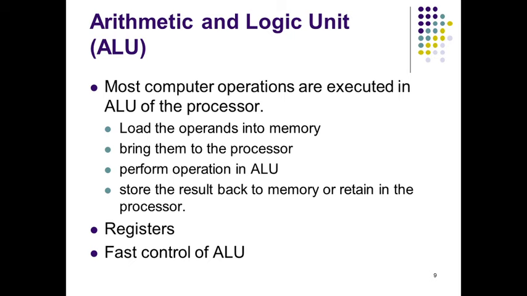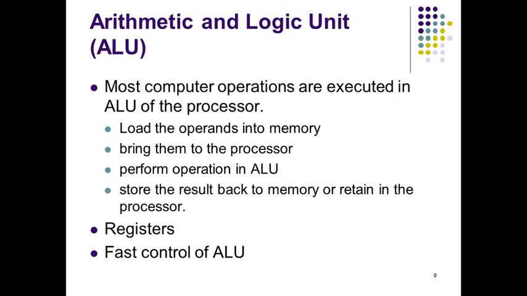Any other arithmetic or logic operation, for example multiplication, division, or comparison of numbers, is initiated by bringing the required operands into the processor, where the operation is performed by the ALU. When the operands are brought into the processor, they are stored in high speed storage elements called registers, where each register can store one word of data.